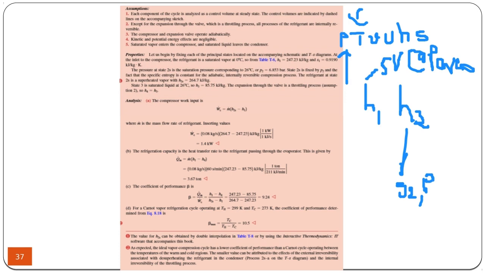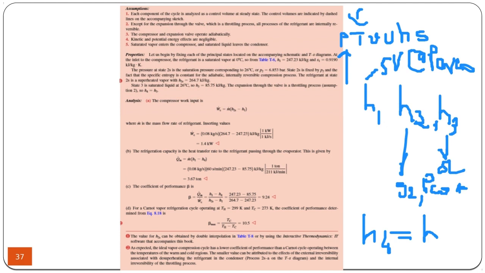Then you have H3, which is saturated liquid at condenser pressure, and we also know that the enthalpy at the exit of the expansion valve is equal to the inlet of it. So as you can see, we have all the enthalpies.